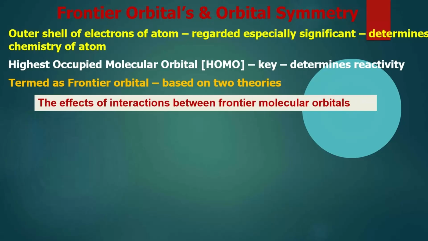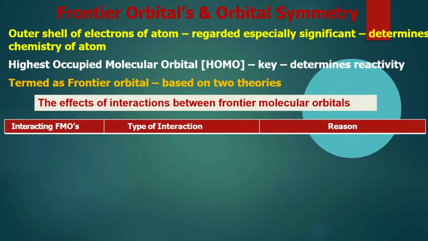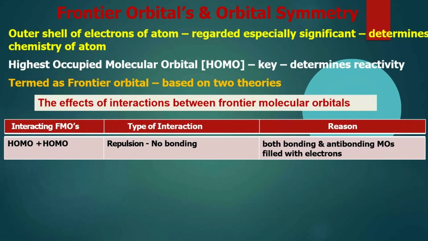This is the effect of interaction between frontier molecular orbitals. The frontier molecular orbitals may be HOMO, LUMO or SOMO. If two highest occupied molecular orbitals come together, both having electrons, then they repel each other.